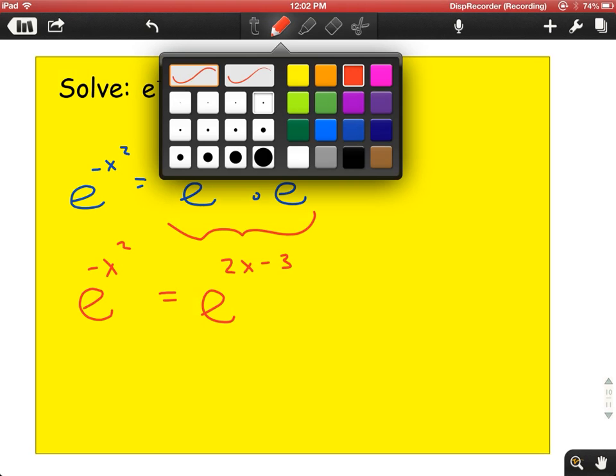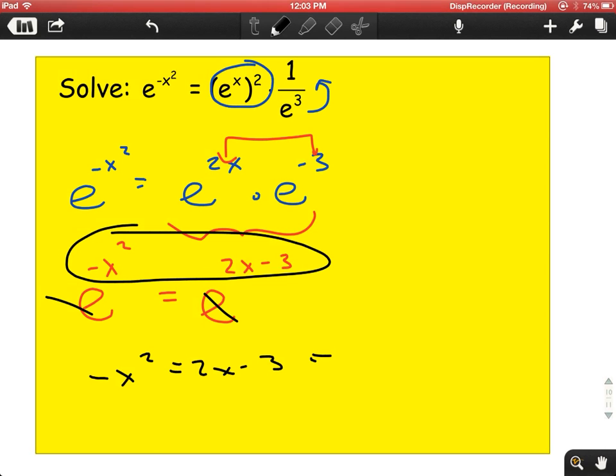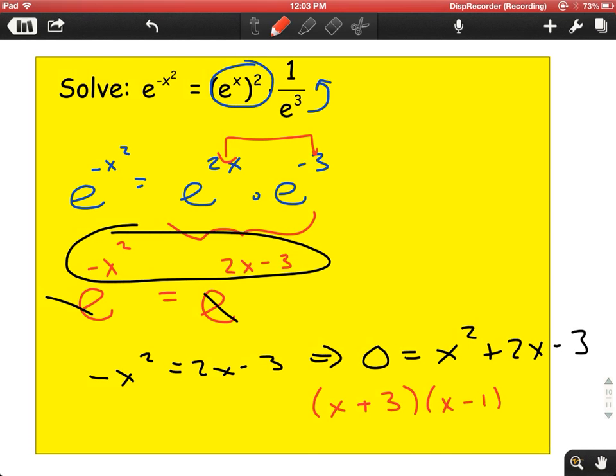And once we have that, now we can say, well, I don't really care about the e's. All I care about is that equation there. Negative x squared equals 2x minus 3, which becomes 0 equals x squared plus 2x minus 3, which of course is factorable. And that'll factor into x plus 3, x minus 1. Therefore, x equals negative 3 or positive 1. Those are the values for x.